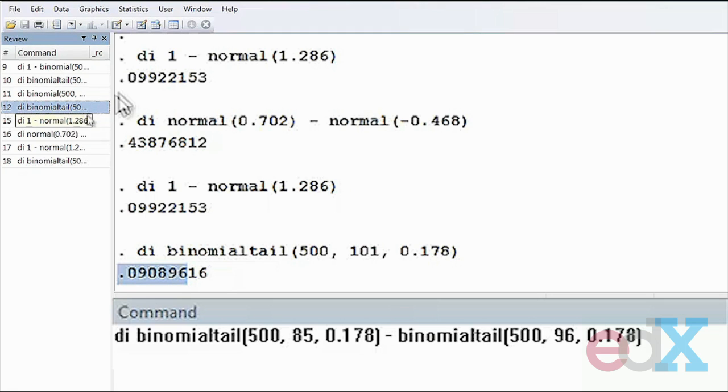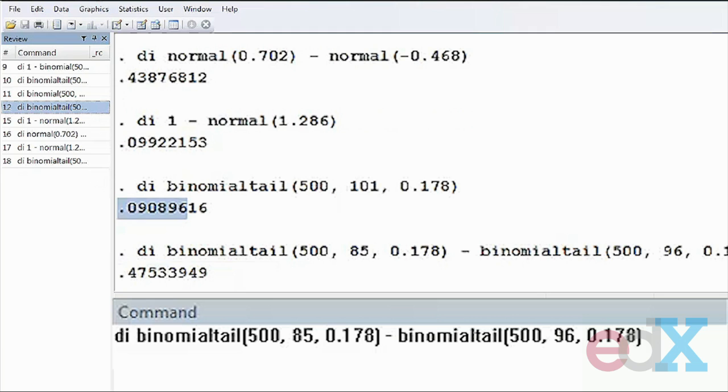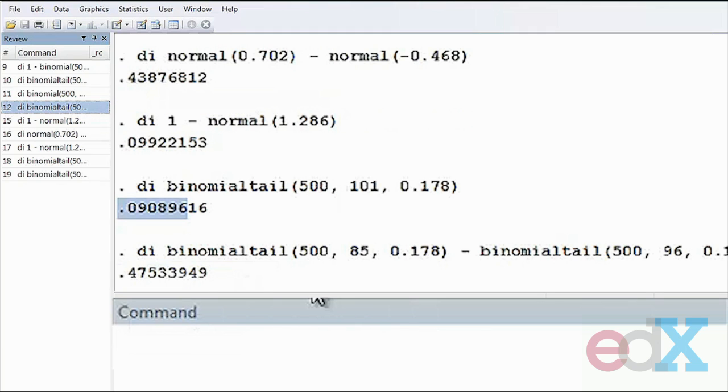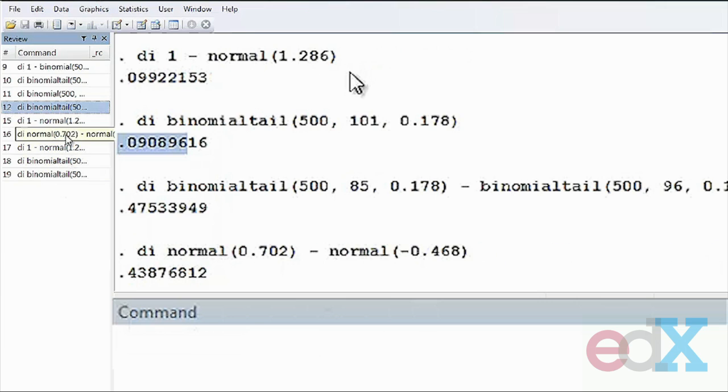Looking at the probability of observing between 85 and 95 individuals, we found that for the binomial model, this probability was about 47.5%. On the other hand, for the normal model, we found that it was about 43.9%.